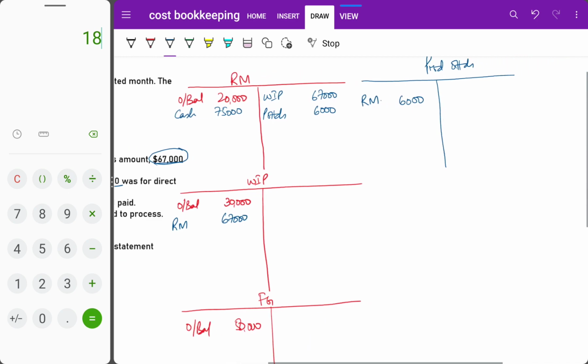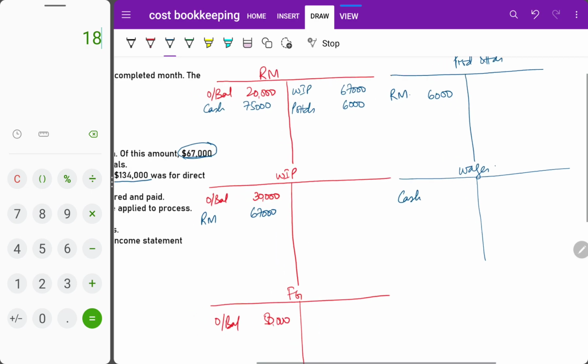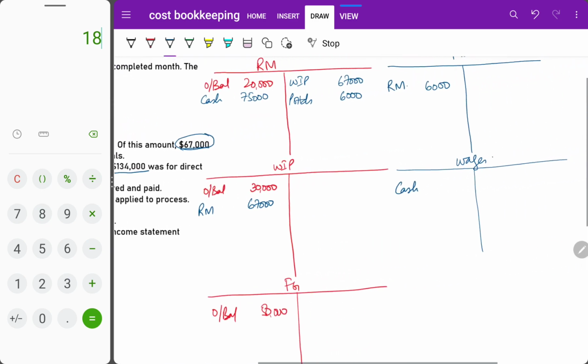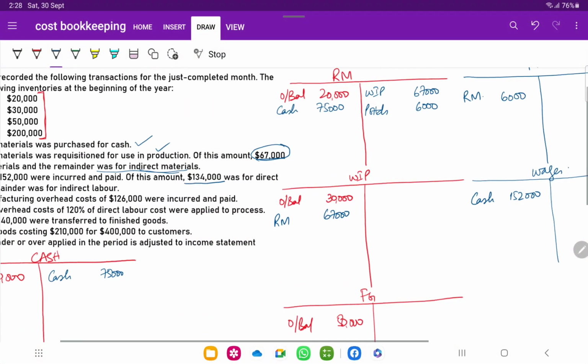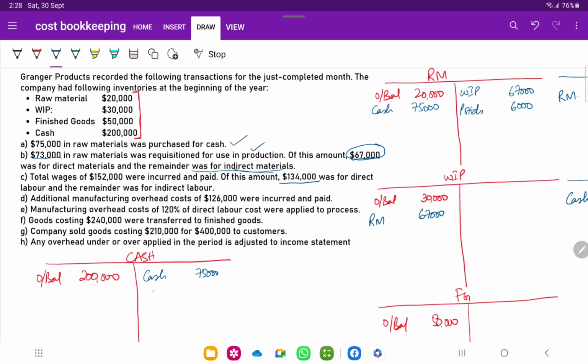So we have to open a T account for wages, because we don't have a wages T account. So wages account debit with a reference of cash, and with the amount of what? 152,000. And 152,000 here.